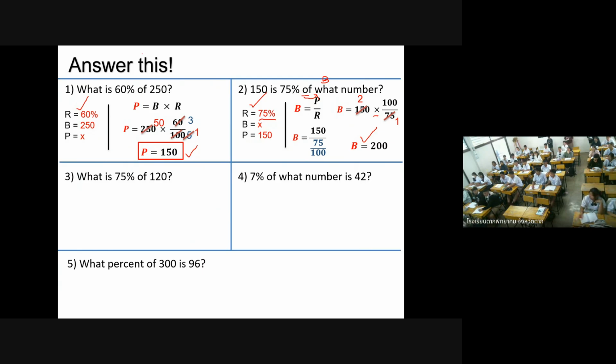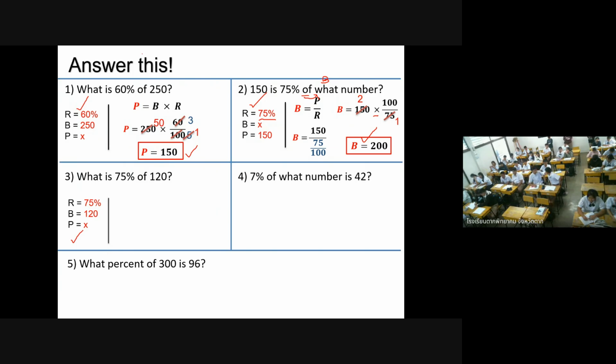So since we don't have P, what is the rate? 75% and the base is 120. Okay. Now if you have this, you're gonna get 1 point.